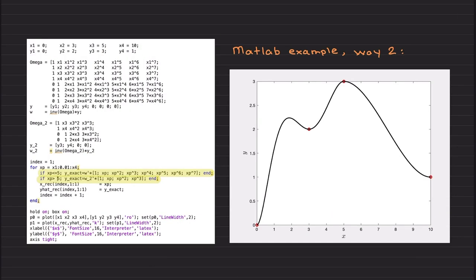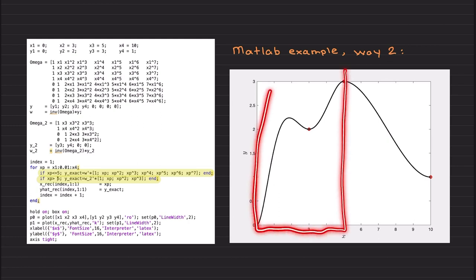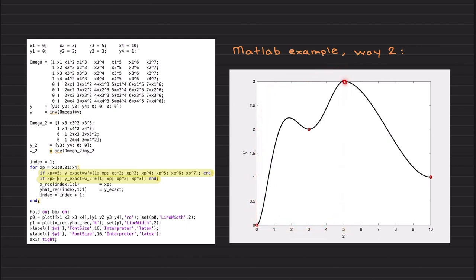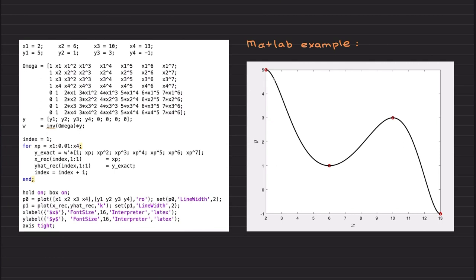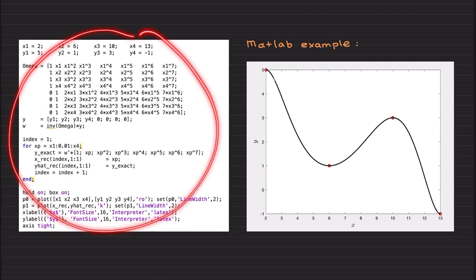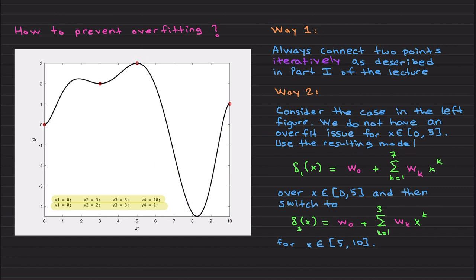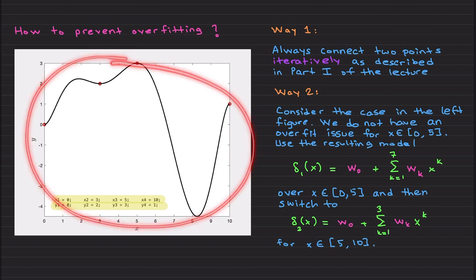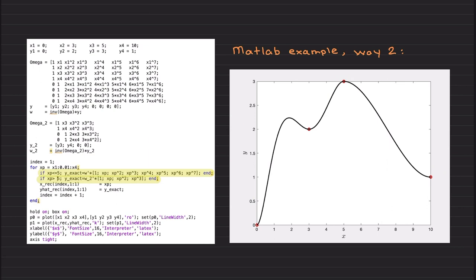Way 2 discusses that, well, I am happy about this fit, but I would like to modify this part to this. In this case, I am doing the fit like I did in the first example here. The code that generates this is exactly this code. I am running this code as if I am connecting 4 points. But at the end, I am only using that fit when x is less than 5.